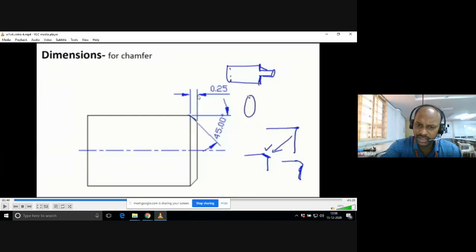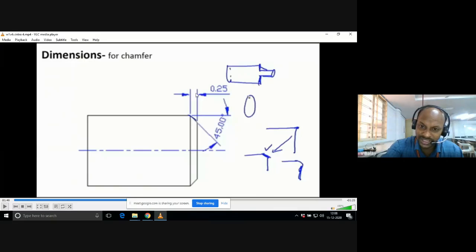Suppose here you see, earlier we used to draw one continuous line and insert a value there, right? But here you see 0.05. How did he mention it here? Because the distance between these two ends is very small, you may not accommodate the dimension line and put the value inside.